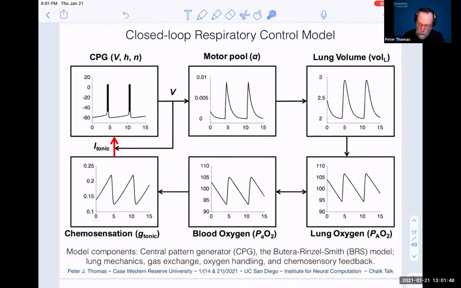During each breath, the blood oxygen goes up, then drops down, then goes up, then drops down as you keep bringing fresh air into the lungs like a bellows. G-tonic is doing the opposite. As this goes down, this goes up, following that sigmoidal curve. And that G-tonic then drives the tonic current, an excitatory input to the central pattern generator.